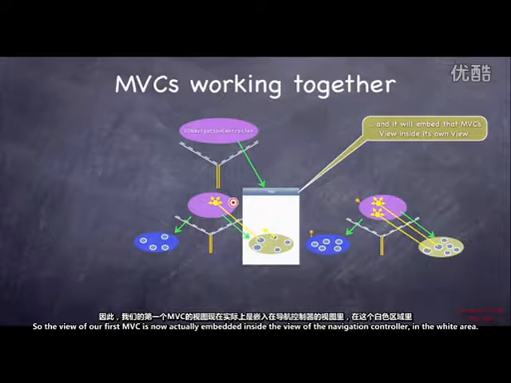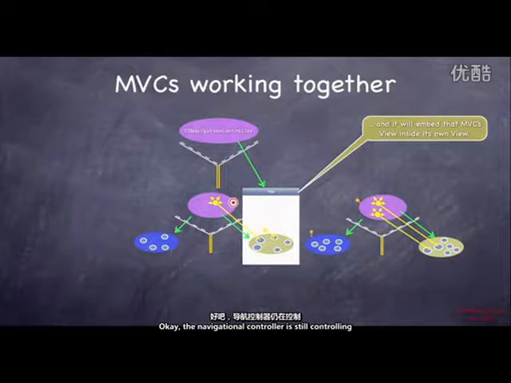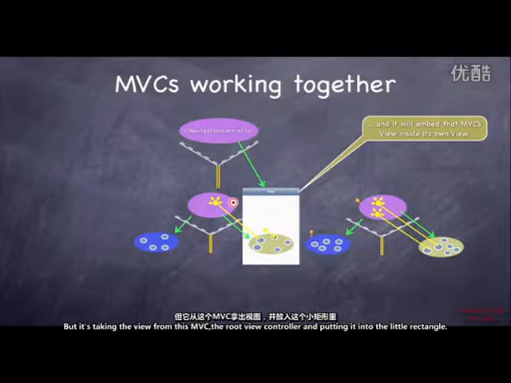So the view of our first MVC is now actually embedded inside the view of the navigation controller, in the white area. The navigation controller is still controlling the little title bar at the top. That belongs to it. That's part of its view. But it's taking the view from this MVC, the root view controller, and putting it into the little rectangle.